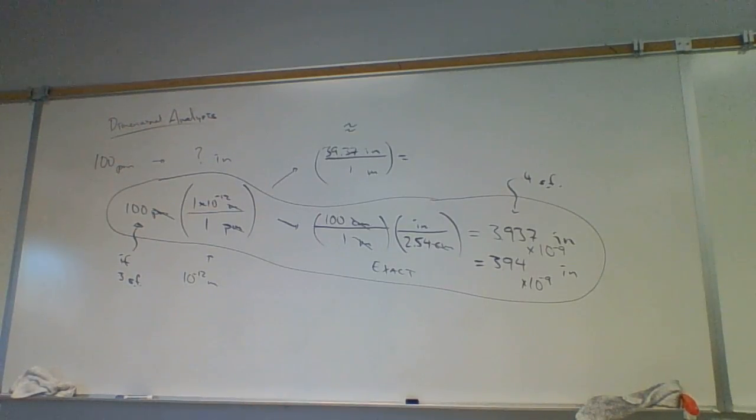What if you need more digits? Well, how many digits can Microsoft Excel carry in a calculation? I think 100 digits. Actually, I knew the number, I just forgot it.